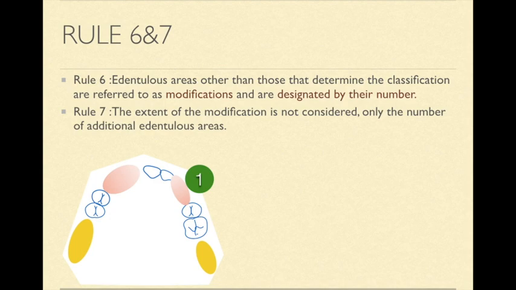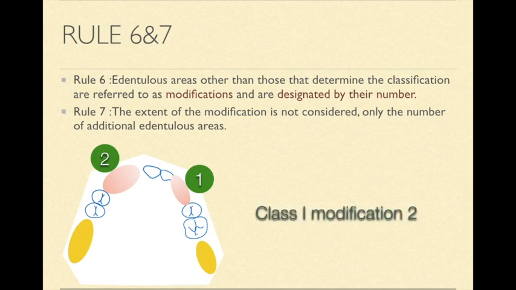And we also have two edentulous areas left in the front. So we have two areas that haven't been used. Those two will be called modifications. When we say what type of classification these cases are, we just count the number of areas. We do not account for how many teeth were lost.